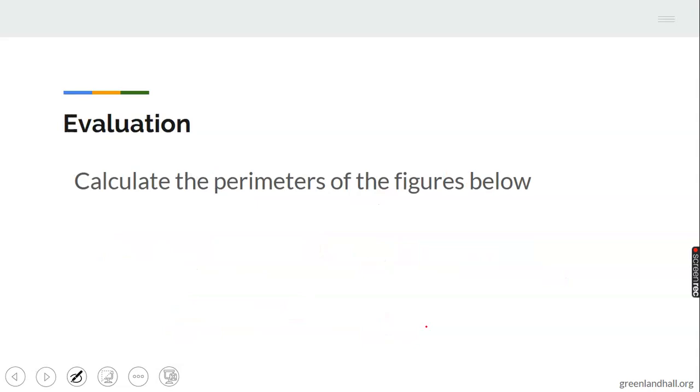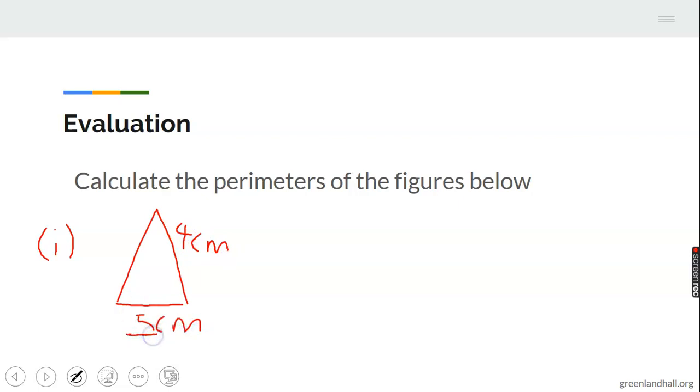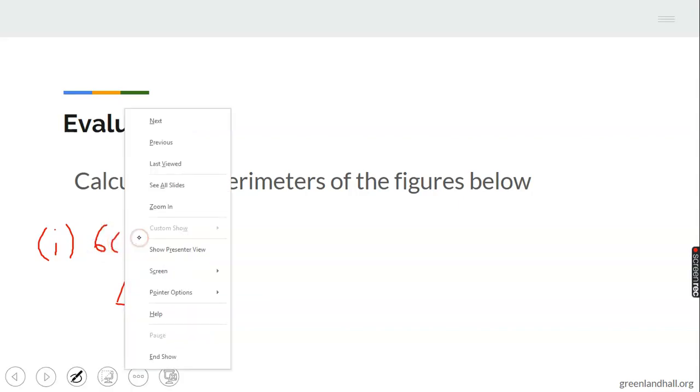So you have to calculate the perimeters of the figures below. Question 1: you have a triangle with 4 centimeters, 5 centimeters, then 6 centimeters.